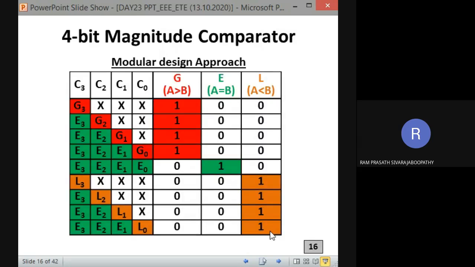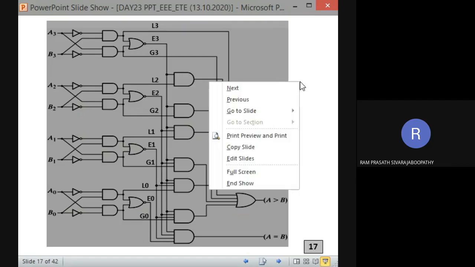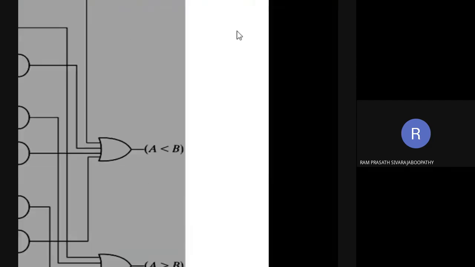Okay, fine. So this is the circuit diagram of the 4-bit magnitude comparator. I will mark a box so that you can understand. This one is magnitude comparator C3, comparator 3, correct? This one is comparator 2.